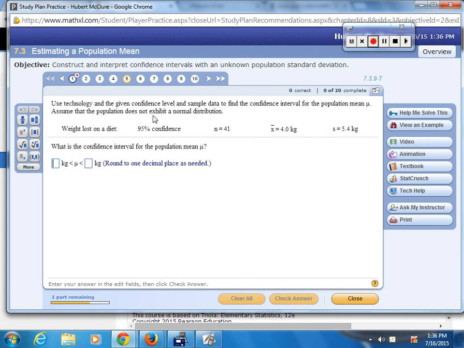Assume that the population does not exhibit a normal distribution. Well, what does this mean? N is greater than 30, so you don't need to worry about the normal distribution. The 95% confidence level is still 2.201, so you don't have to look that up.